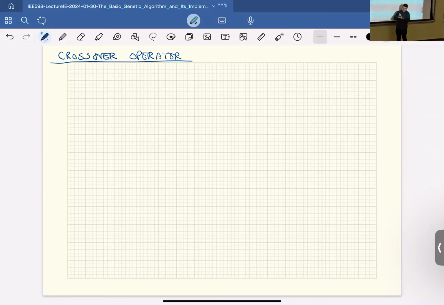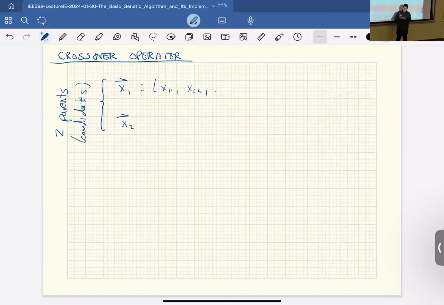The basic idea is that if you've got two parents, so two candidate solutions, this one is going to have x11, x12, all the way up to x1k, all the way up to x1n, however I said, n genes.